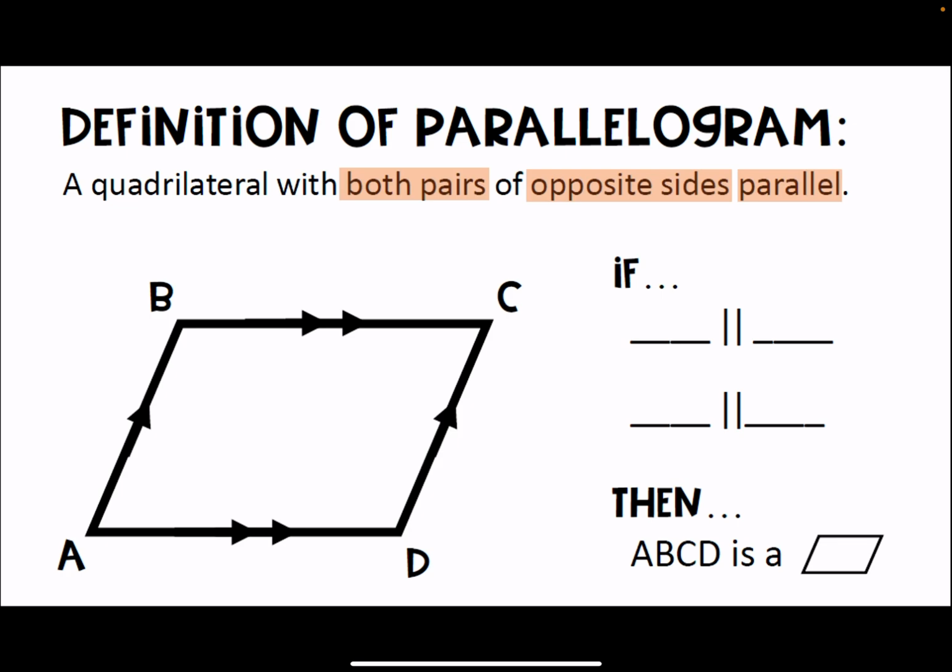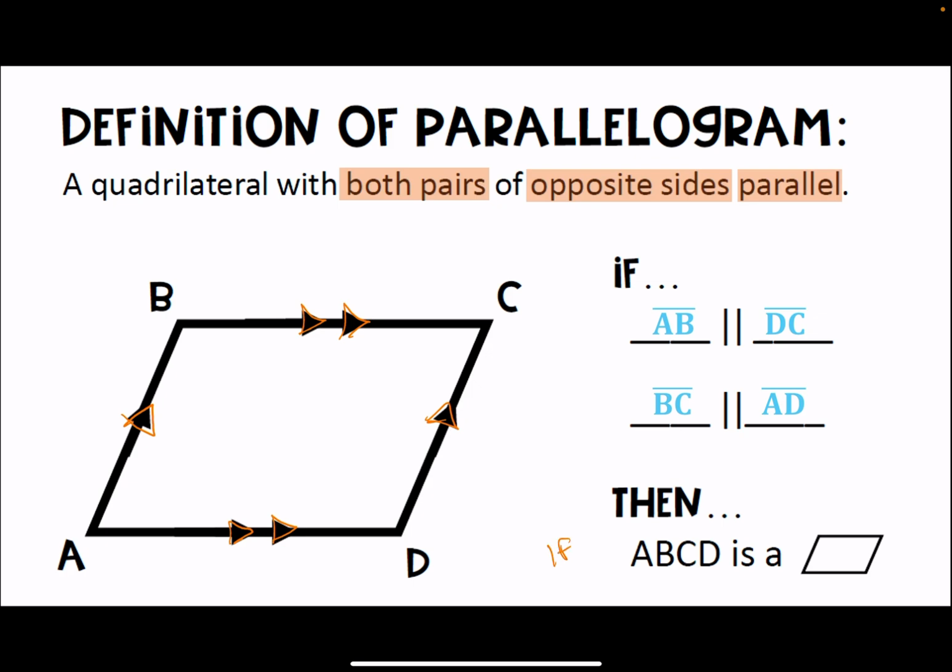All right? So pretty much what this means is that if AB is parallel with DC, this one right here, and BC is parallel with AD, then ABCD is a parallelogram. Now guess what? The converse also applies.